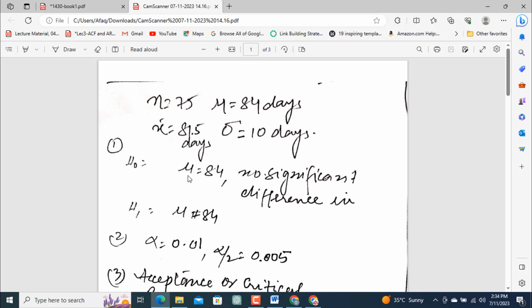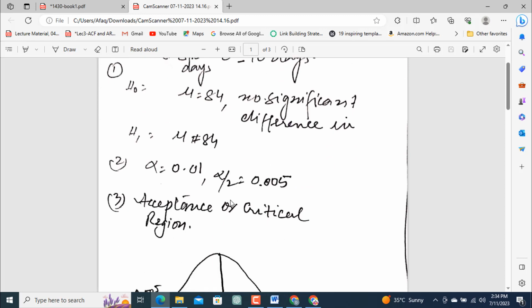H naught: mu is equal to 84, no significant difference. H1: mu is not equal to 84. It is a two-tailed test, either it is exactly equal to 84 or not equal to 84. So part 1 is completed in step 1.